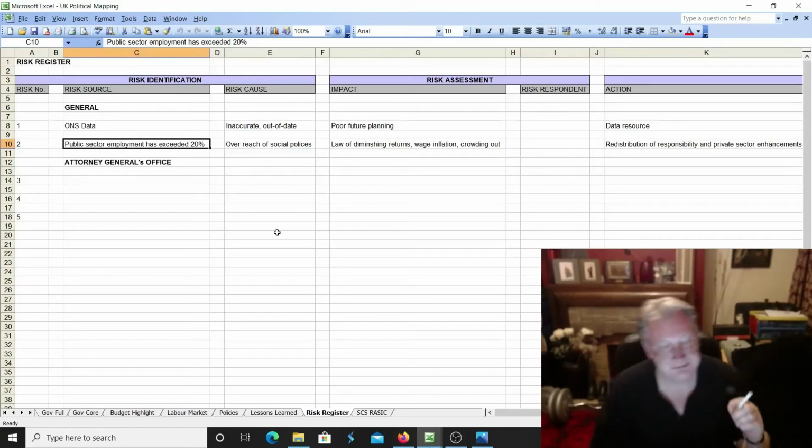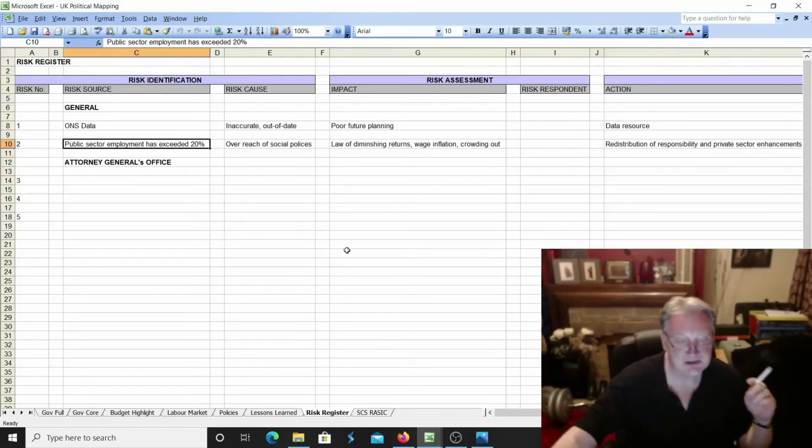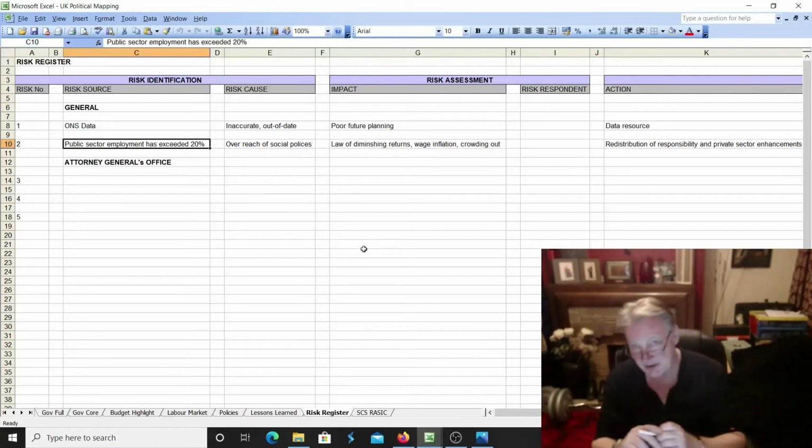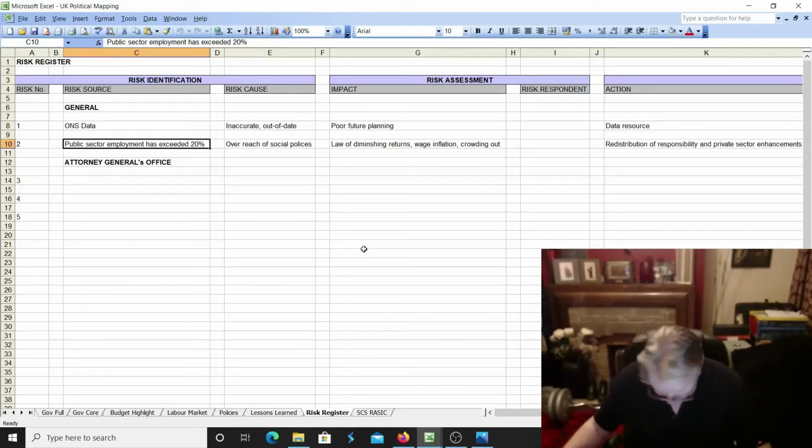So how that relates to the risk register. I say it's exceeded 20%. I've always had it in the back of my mind, and I can't remember for the life of me where I first heard this and where I first learned of this particular problem.